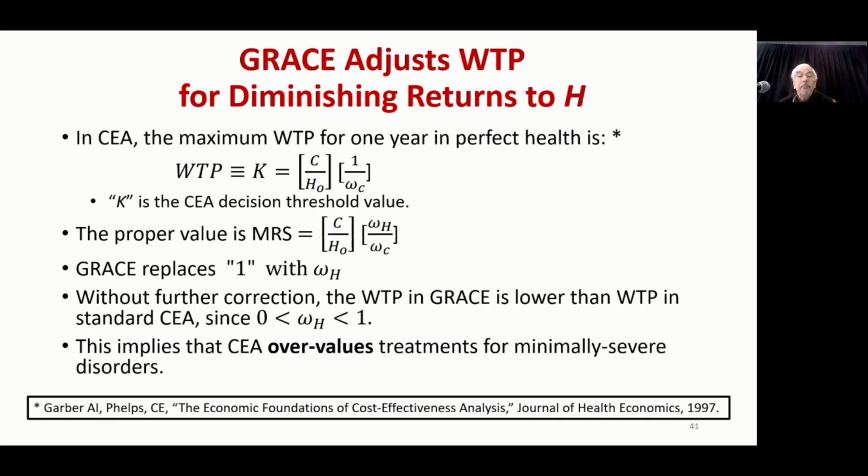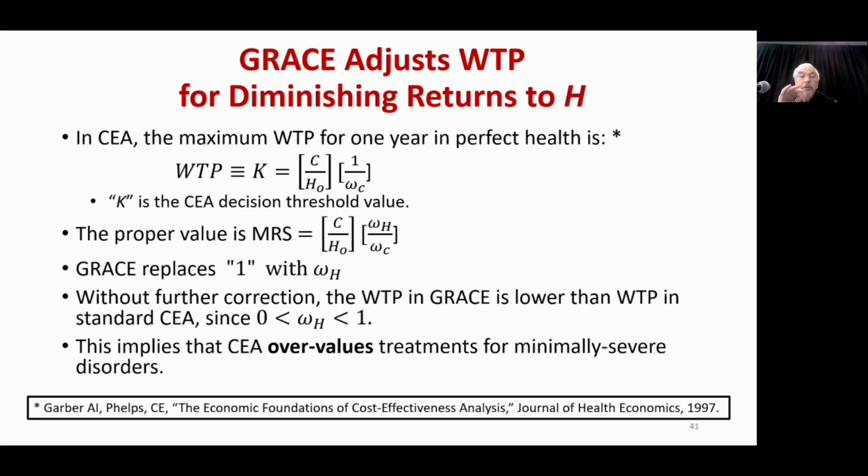So at that point, you can now see the first point I made, and that is, without doing anything else, since that omega H value is somewhere between 0 and 1, the Grace value for willingness to pay, or the value of an intervention, is going to be smaller in Grace than it is in cost effectiveness, unless you make a correction for severity or disability.